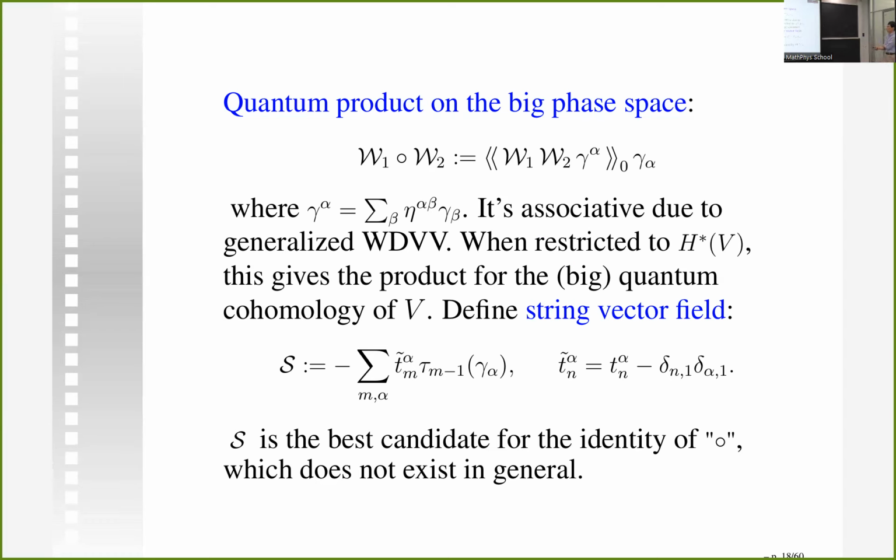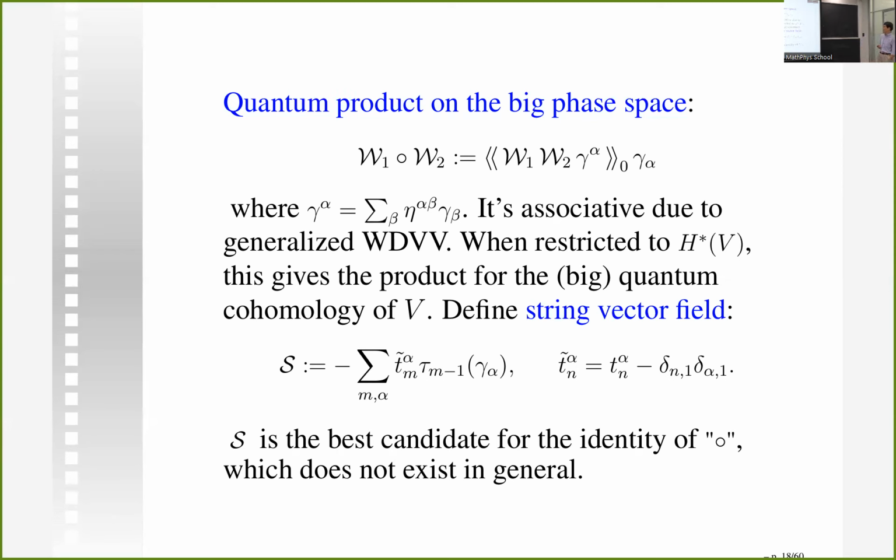If you have two vector fields W_1 and W_2, I define the product to be equal to these 3-point functions times gamma^alpha, where gamma^alpha means you raise the indices of gamma by the inverse of the intersection matrix.